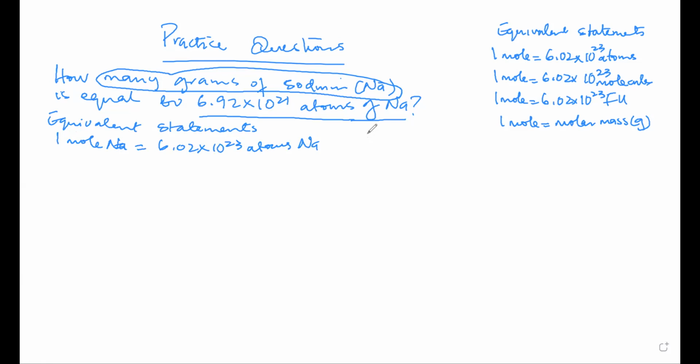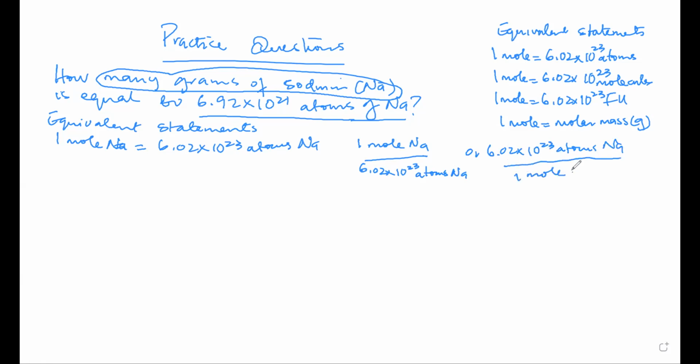So the conversion factor will be 1 mole of sodium over 6.02 times 10 to 23 atoms of sodium, or 6.02 times 10 to 23 atoms of sodium over 1 mole of sodium. That's the first one. So you go from atoms to moles.